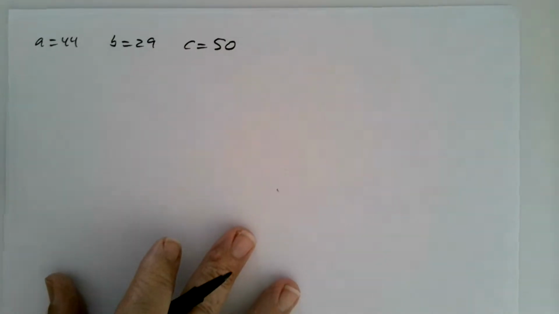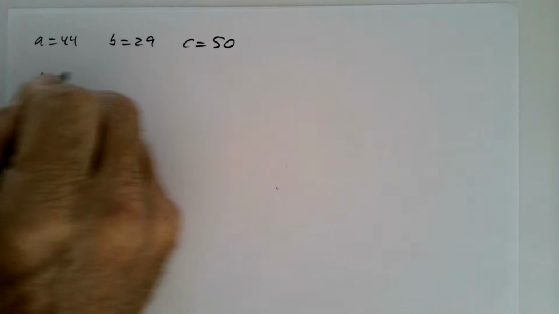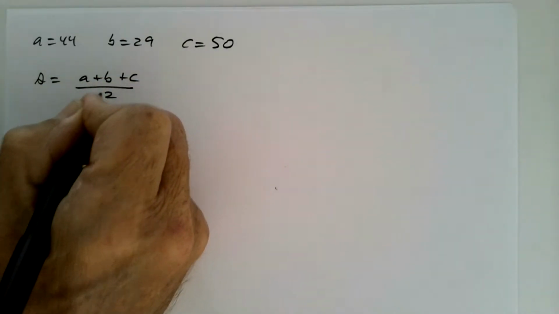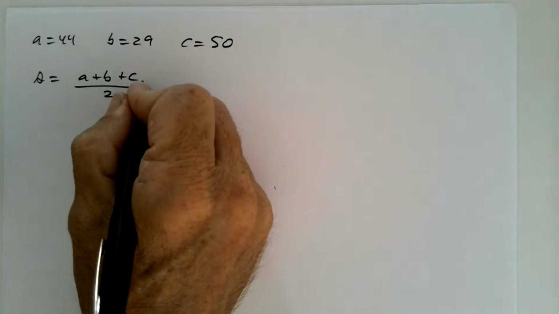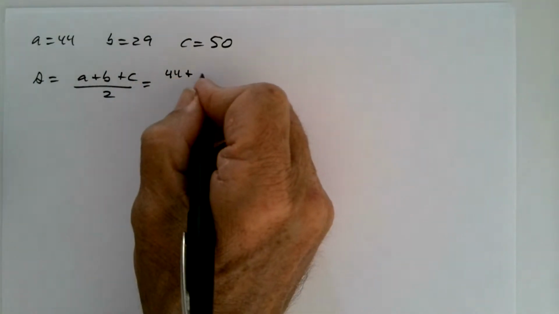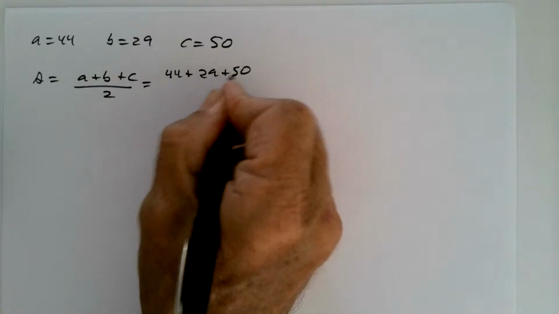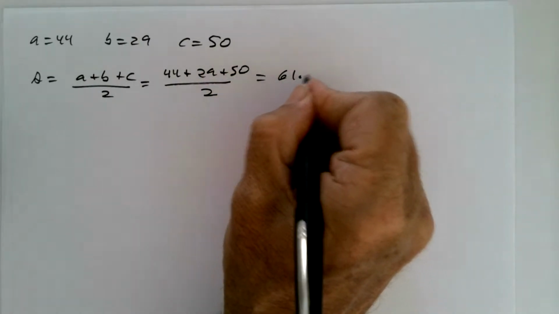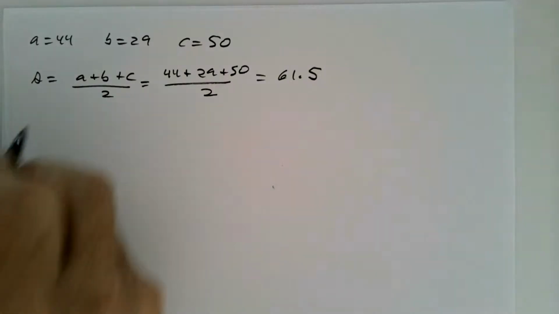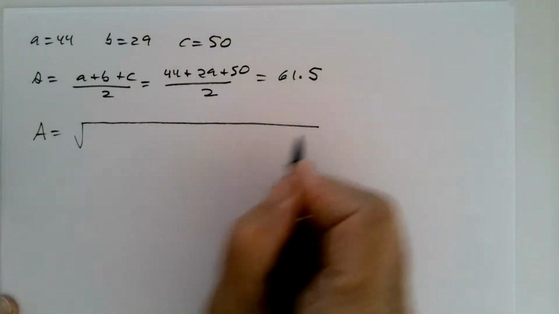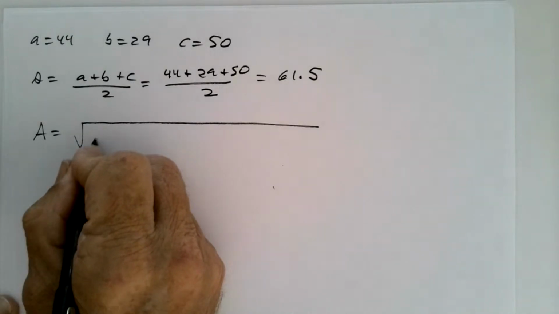The semi-perimeter, using Heron's formula, is A plus B plus C divided by 2. 44 plus 29 plus 50 divided by 2, and we get 61.5.